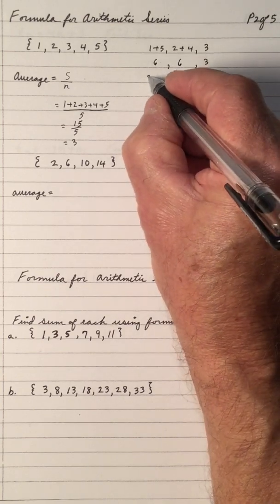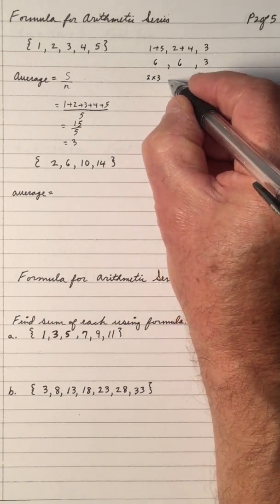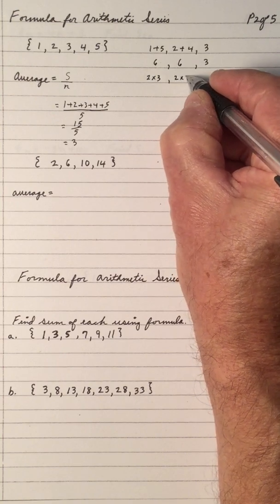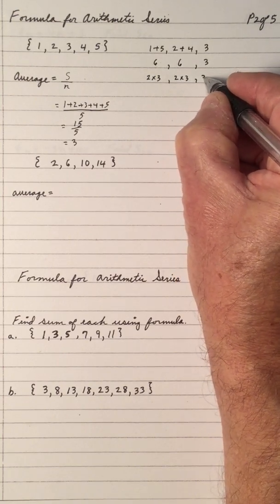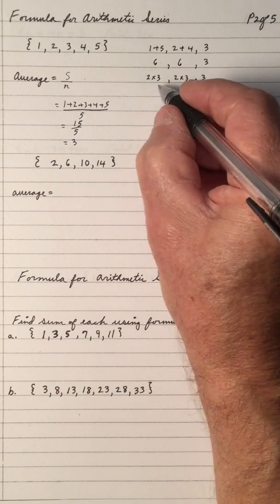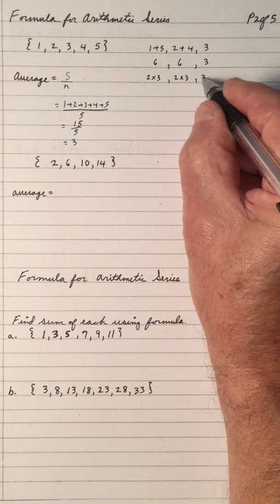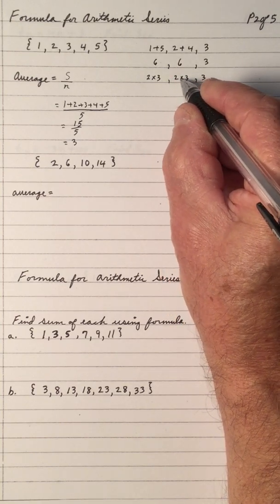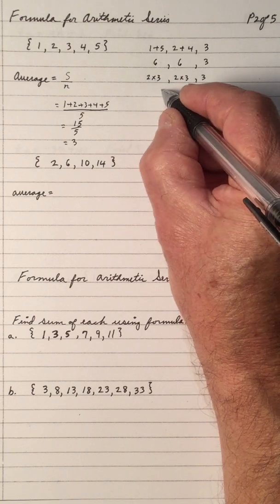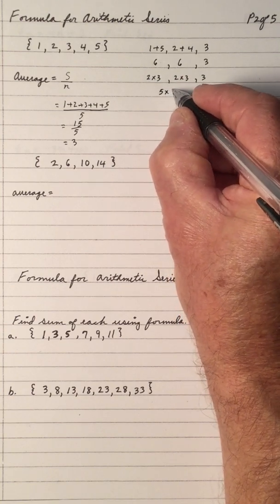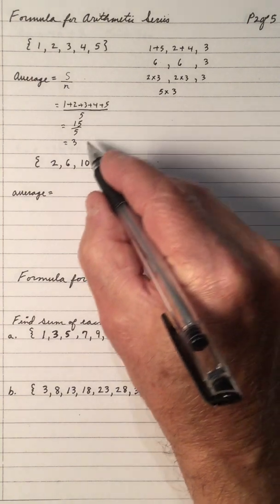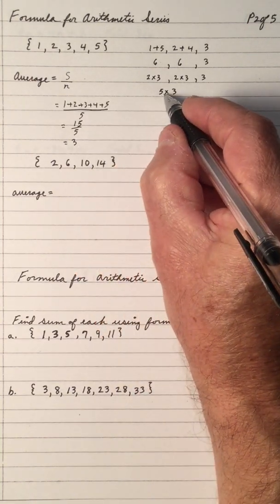And the 6 is 2 times 3, and this 6 is 2 times 3, and we have a 3. So we have 5 3s. Notice that the average is 3, and we have 5 of them.